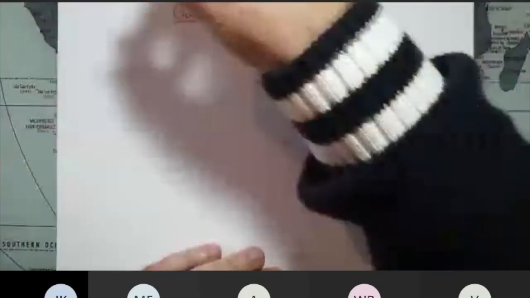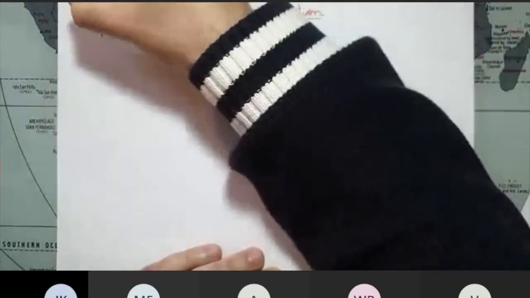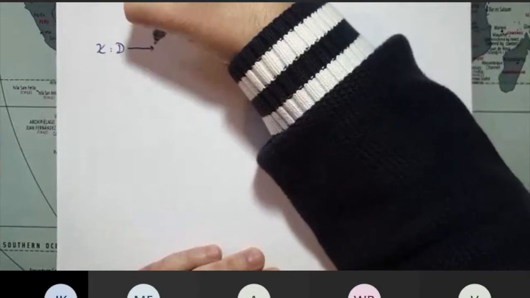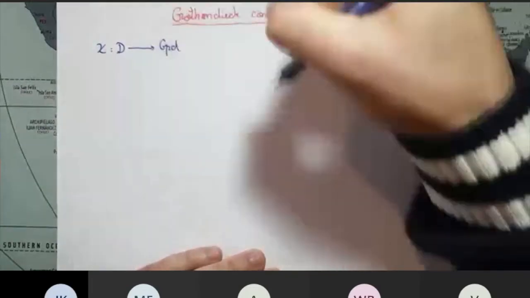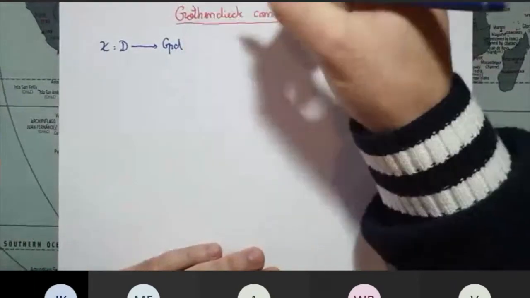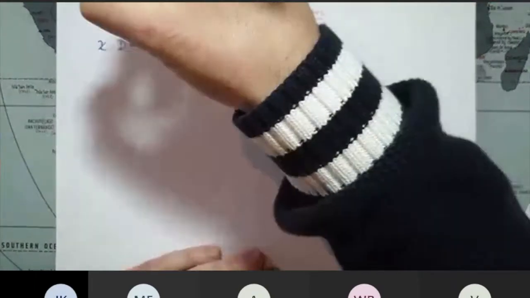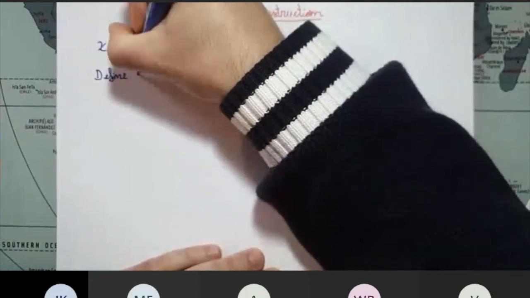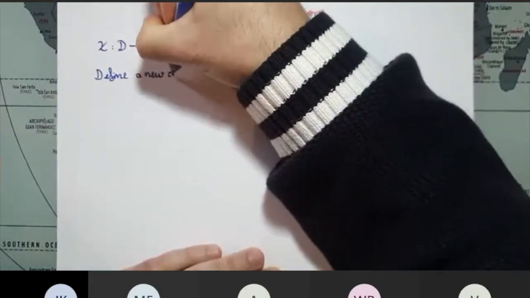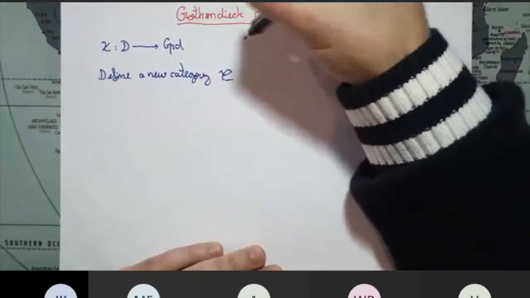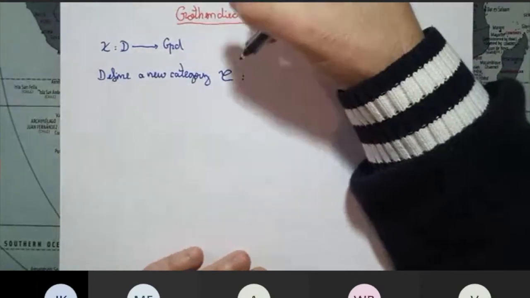Okay, so if we have a functor from a category D to the category of groupoids, then we can define another category, C, as follows.